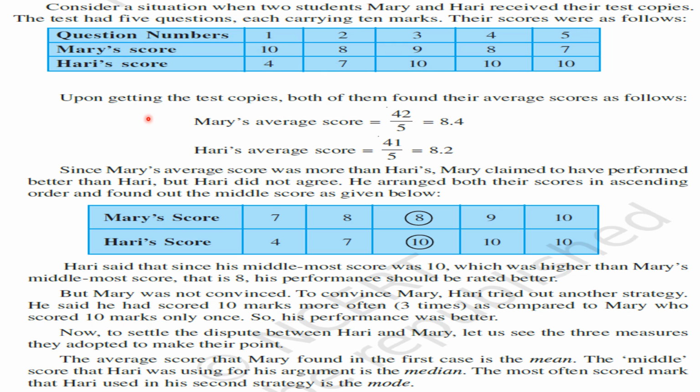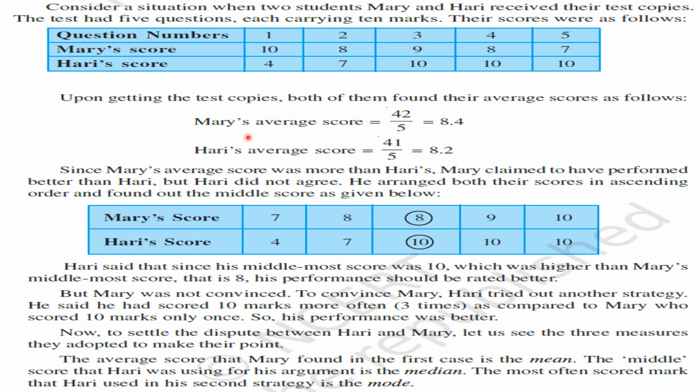Now, upon getting the test copies, both of them found their average scores as follows. How do you find the average score? Sum of all these numbers: 10 plus 8 plus 9 plus 8 plus 7, whole divided by 5. What will you get as the sum of all these numbers? 42 by 5, that is 8.4.